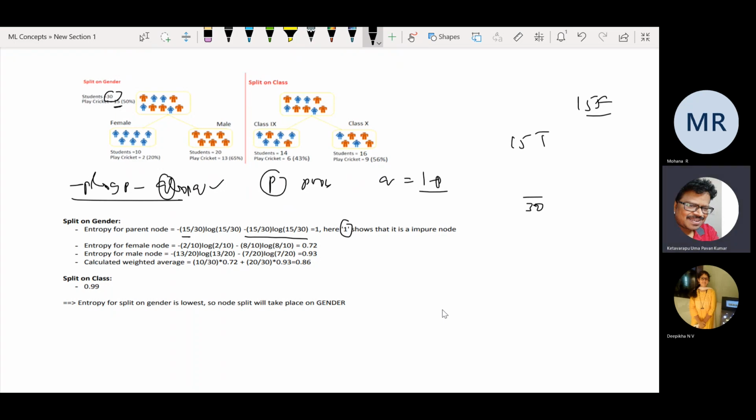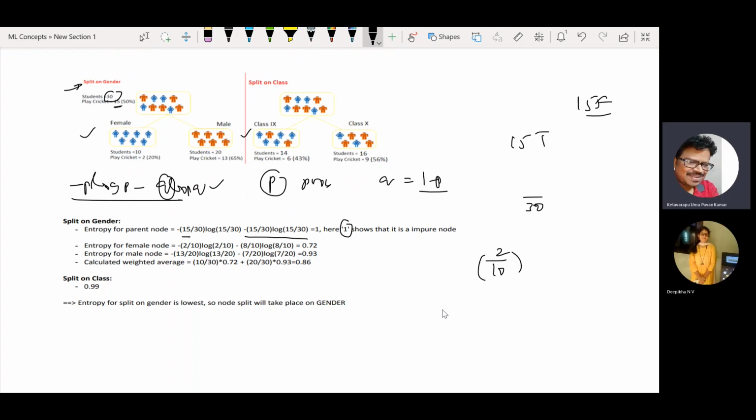Next important thing is the female category, because not only the parent node, we are going with another category: how many females are interested and how many males are interested. Out of these 10 students, total female 10, only 2 are willing to play.